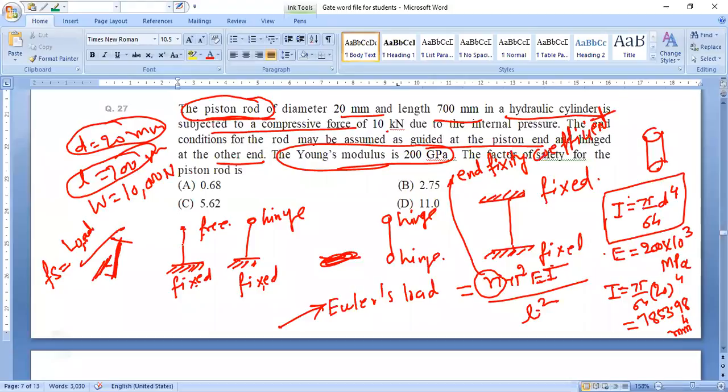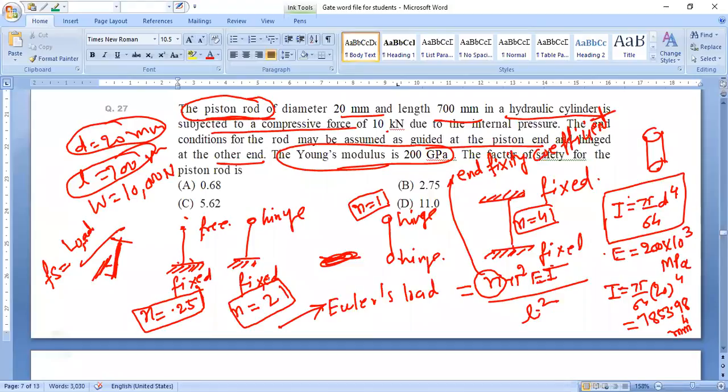So when one end is fixed one end is free, n is considered 0.25, पढ़ा होगा आपने कॉलम में। And one is fixed one is hinged, what is the value of n here? बताओ कोई भी. Hinge hinge n equal to 1, fixed fixed n equal to 4 और फिक्स्ड हिंज n equal to 2.